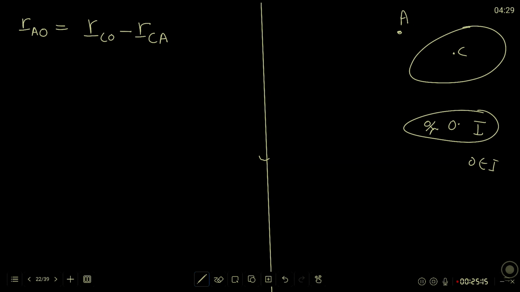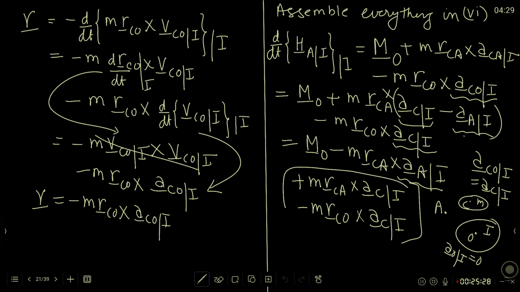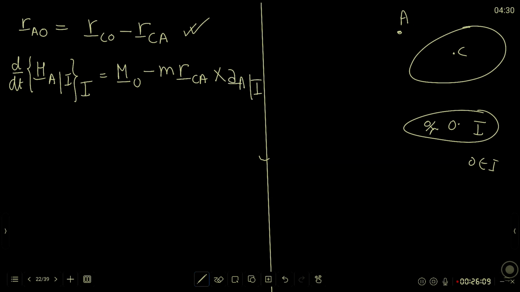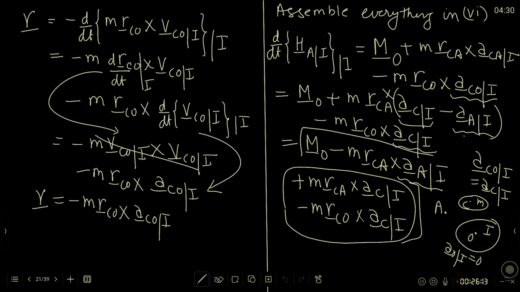Now if I use this here, I should be able to write this is what I wrote, and then these two terms I will combine, use this and write that as minus m r^AO cross a^C/I.